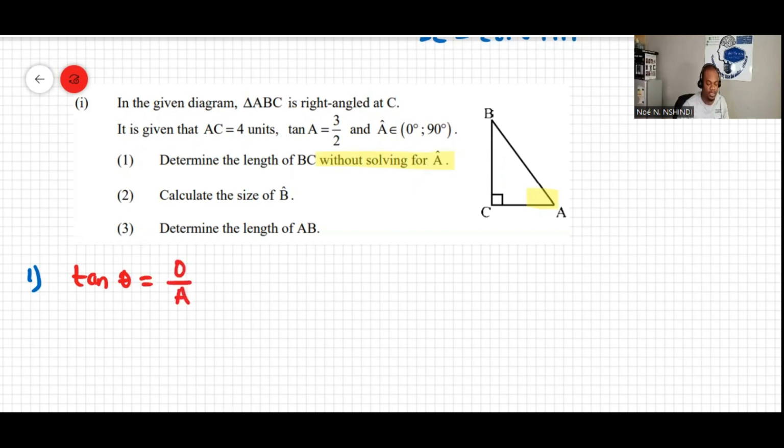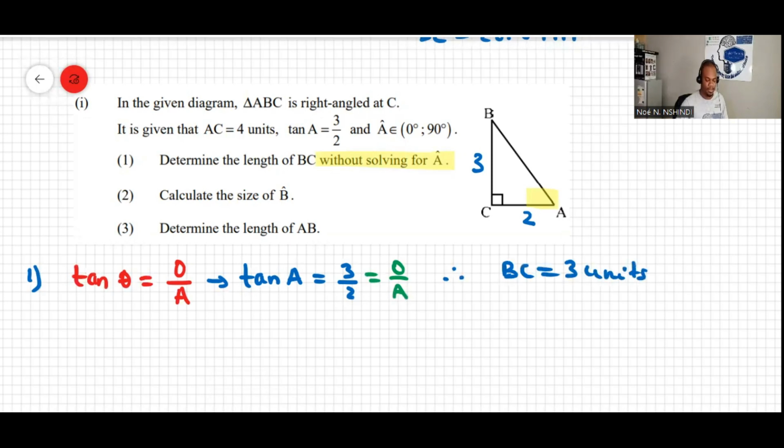When I look at 3 over 2, it is in the simplest form of the fraction, it cannot be simpler than that. So this implies that 3 is the opposite side, and 2 is the adjacent side. So this part is 3 units opposite to A, and this is 2 units adjacent to A. Therefore, BC equals 3 units.